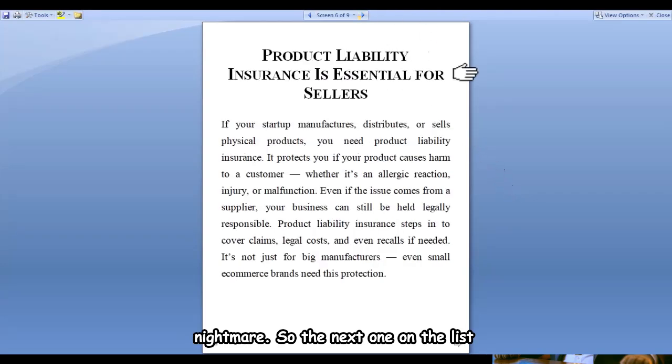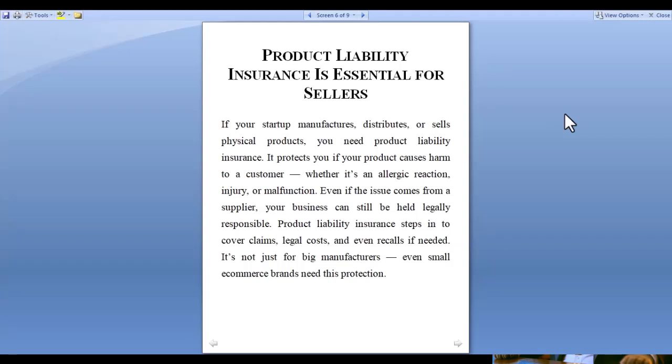So the next one on the list is product liability insurance, essential for sellers. If you are a startup manufacturer, distributor, or sell physical products, you need product liability insurance. It protects you if your product causes harm to a customer, whether it's an allergic reaction, injury, or malfunction.